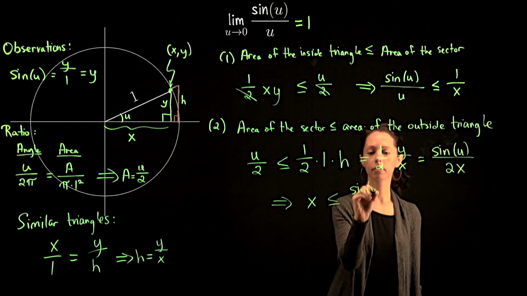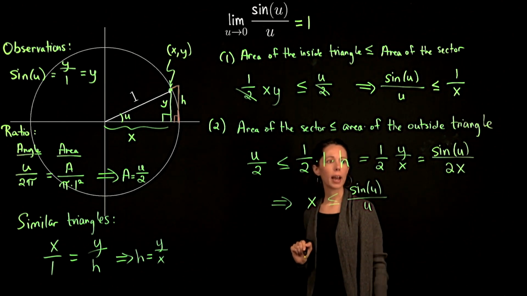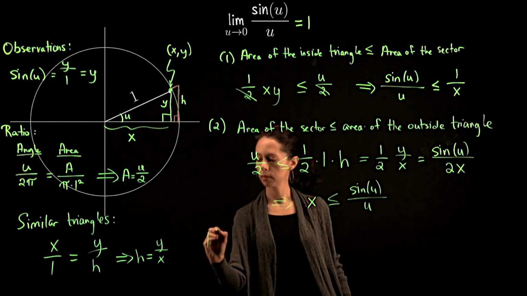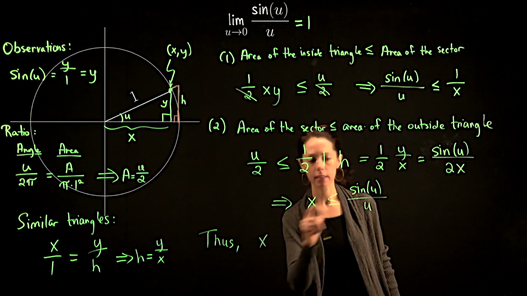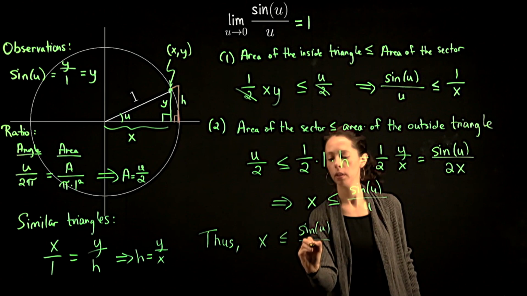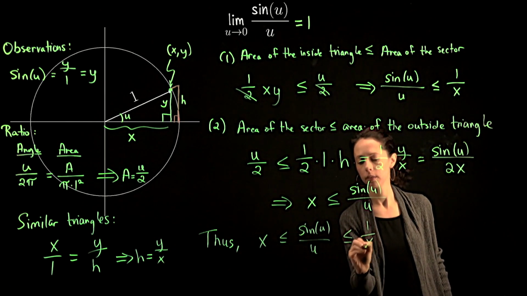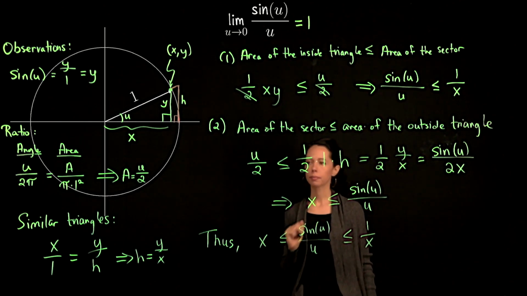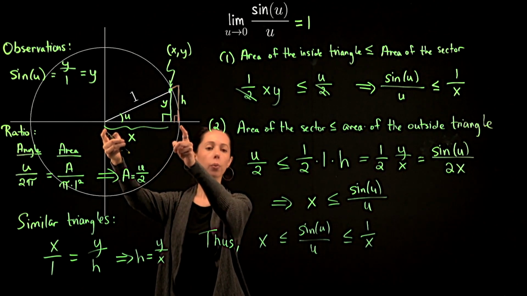All right, let me write out both of the inequalities now. The smallest is x. So we can say x is less than or equal to our ratio, sine u divided by u, and that's less than or equal to 1 over x. Okay. Let u go to 0. As u goes to 0, the base here is going to slide outwards to 1.